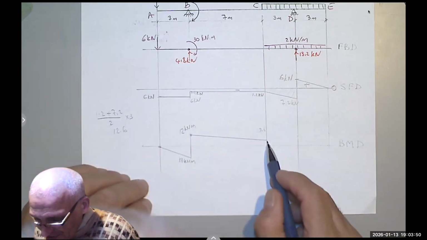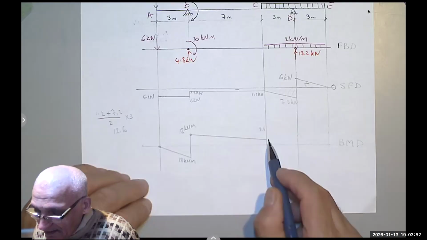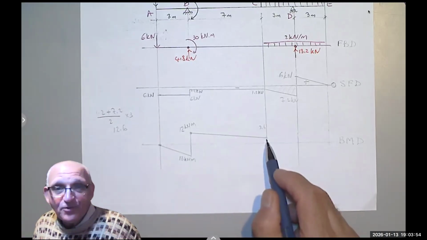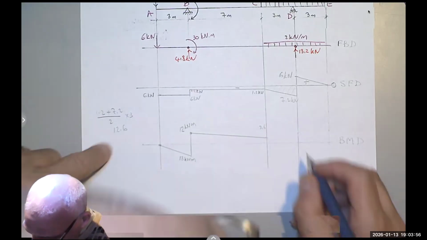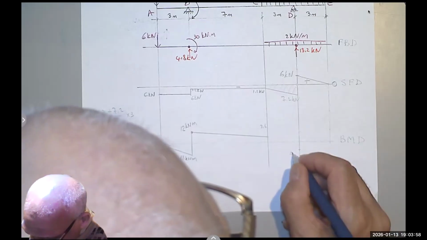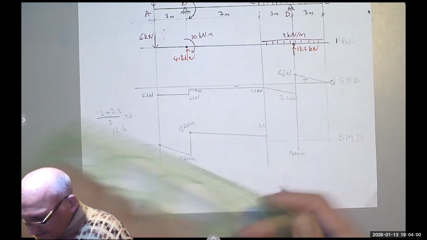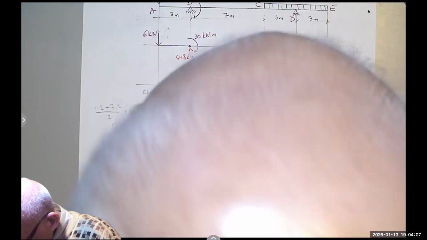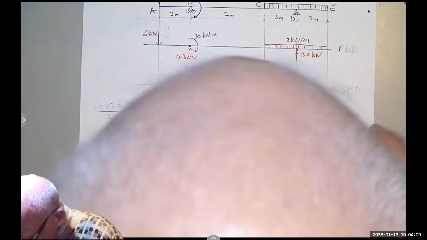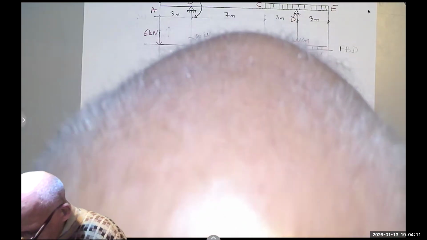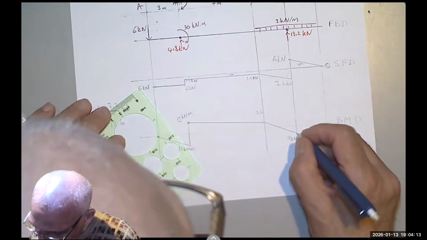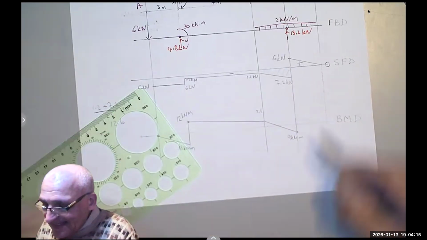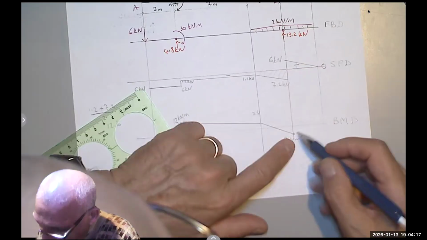So I'm going to subtract 12.6 from 3.6. I get to negative 9. So I will get to 9 kilonewton meter.